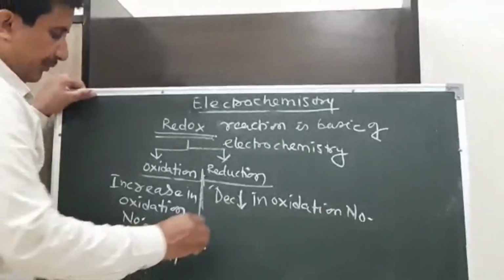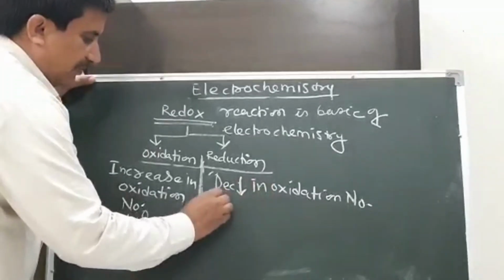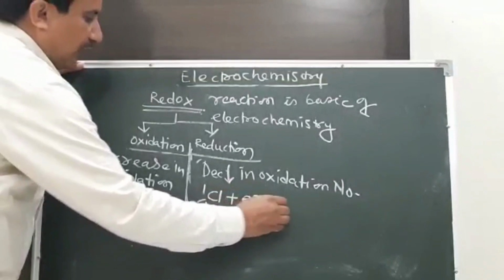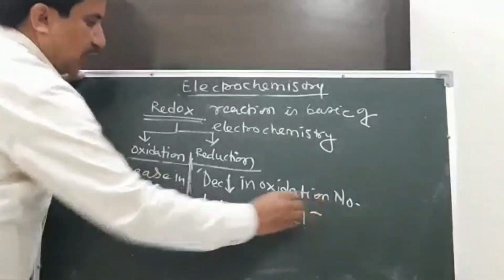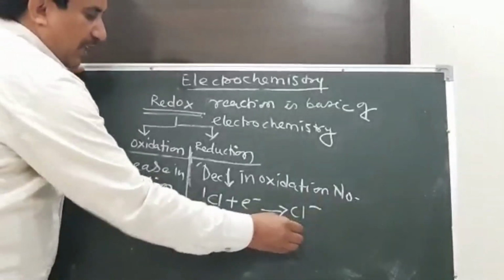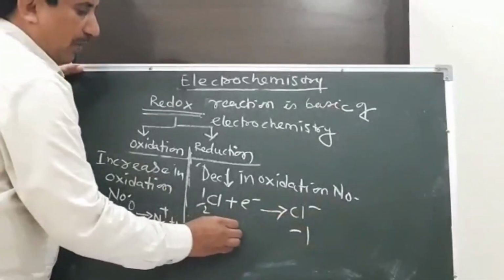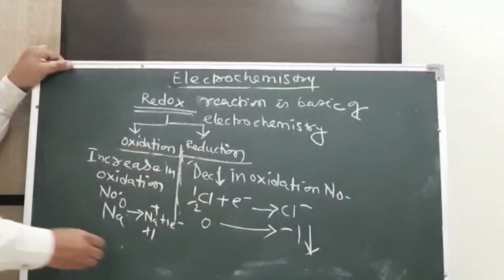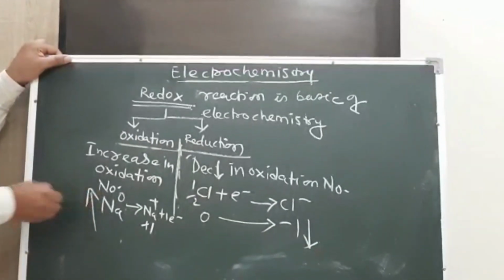Likewise, suppose half Cl has gained one electron, now it has turned into Cl minus. So here its oxidation number was 0, now it is -1. So 0 to -1 is a decrease in oxidation number, and the other is an increase in oxidation number.